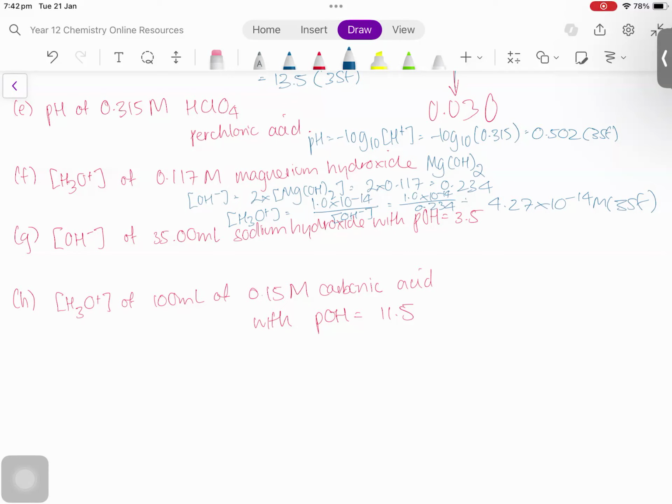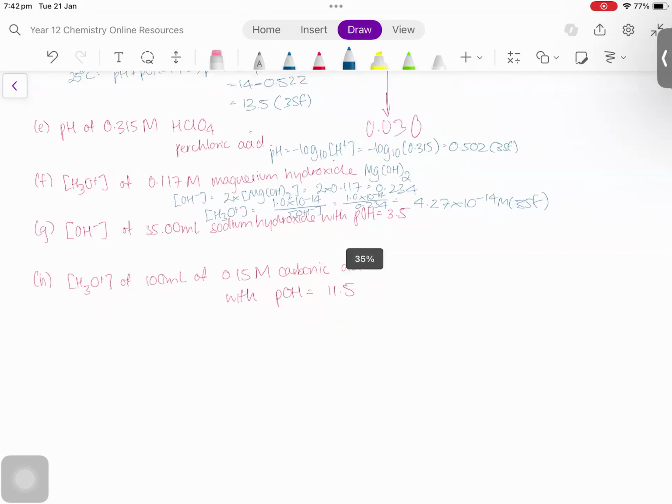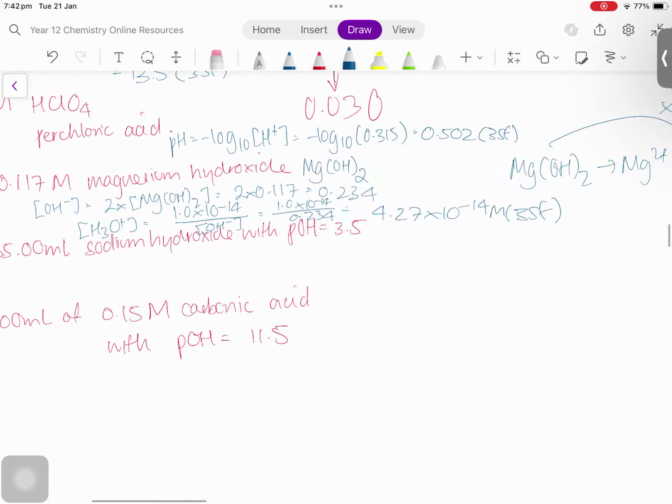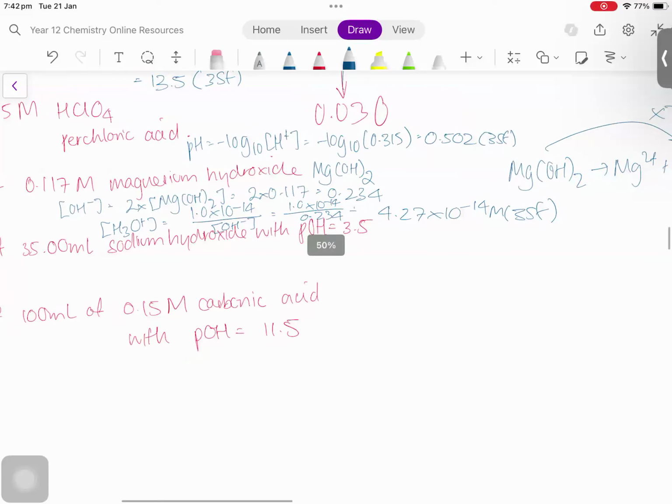When you write your equation for F, it'll be a 1:2 ratio with the hydroxide. So the equation for F would be this. That's how I knew to times by 2. So that's why for the OH minus, I did 2 times the concentration of magnesium hydroxide.